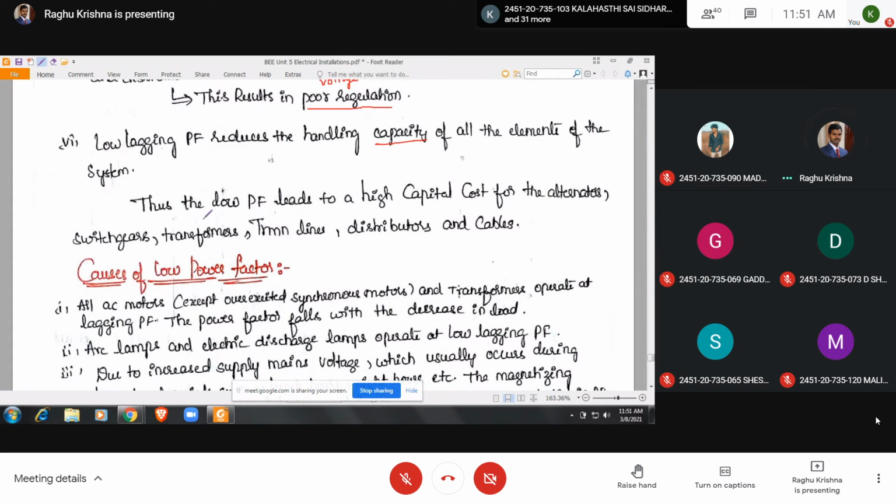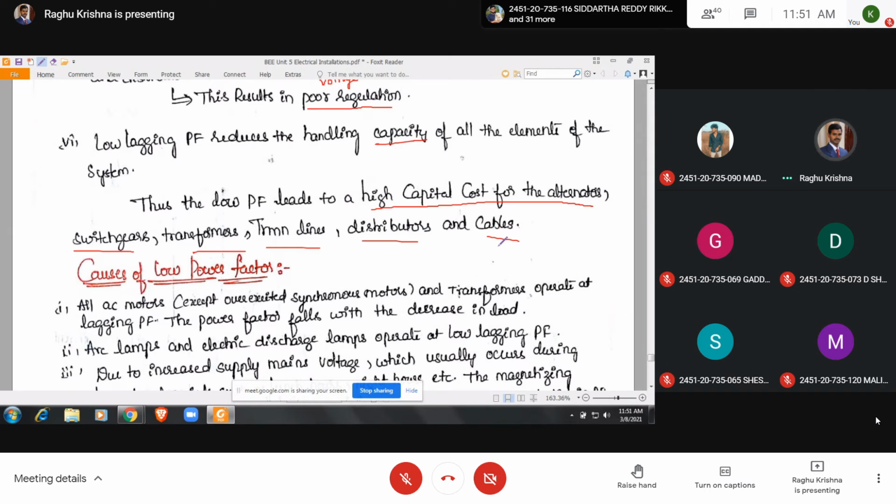Thus, low power factor leads to high capital cost for the alternators, switch gears, transformers, transmission lines, distributors, and cables. We are going to increase the cross section of the cable for carrying a high amount of current. These are the disadvantages of having low power factor.